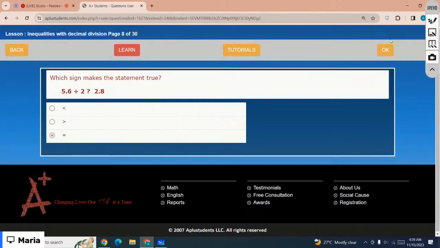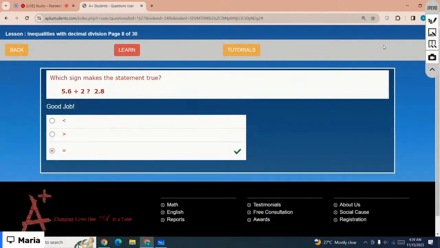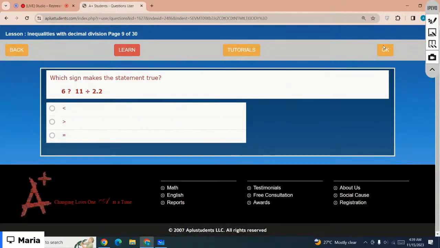The correct option is equal. Okay, you have to compare 6 and 11 divided by 2.2. So which is the correct option? 6 is greater than 11 divided by 2.2, right? The correct option is greater.